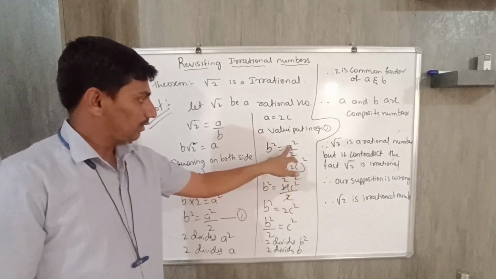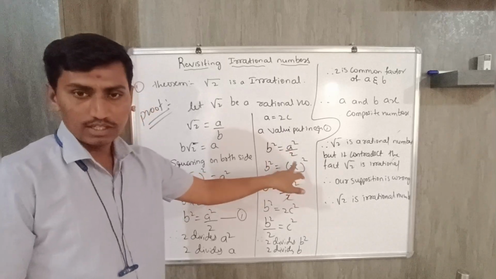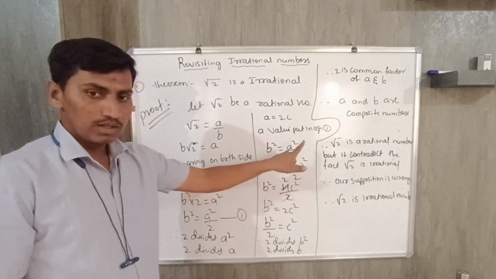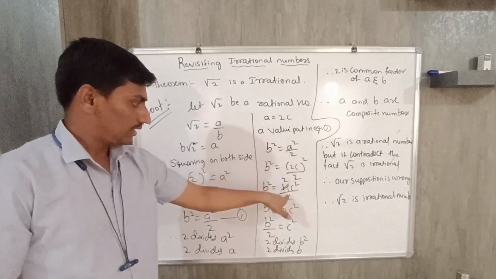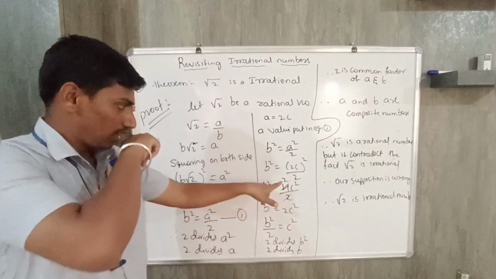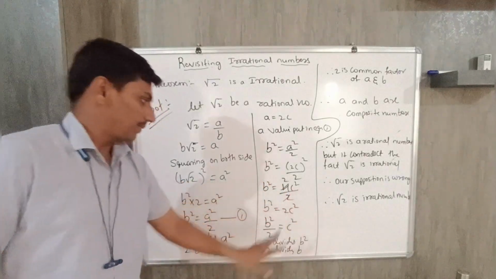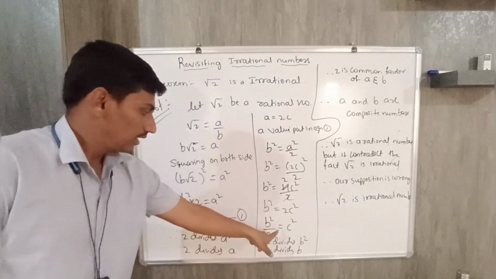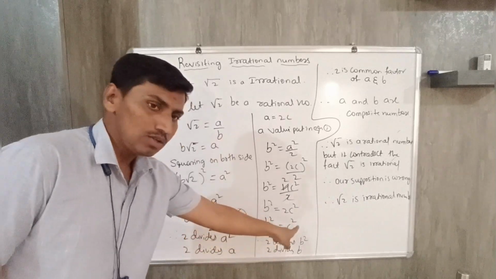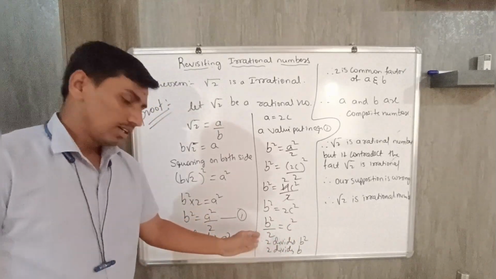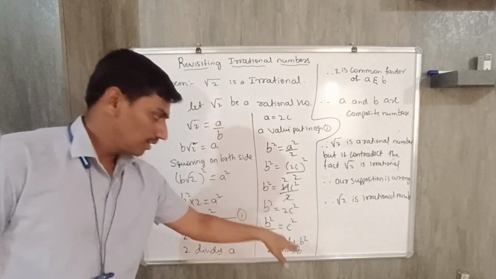So in place of a you can write 2c whole square. 2c whole square means 2 to the power 4, 4 into c square, 4c square by 2, 2 ones are 2, 2 twos are 4. Okay, so b square equal to 2c square. Again 2 here multiplies, so taking 2 to this side, b square by 2 equal to c square. Again same, 2 divides b square means 2 divides b also.